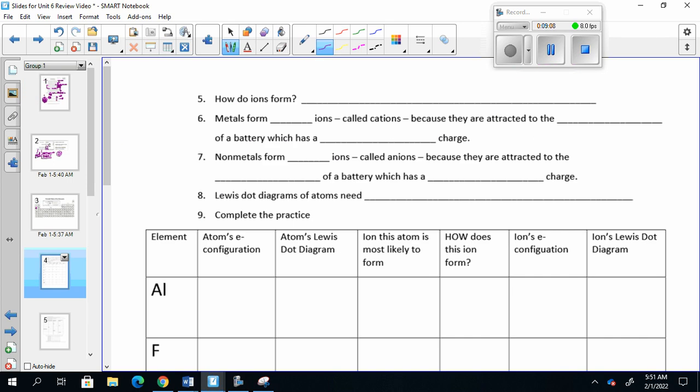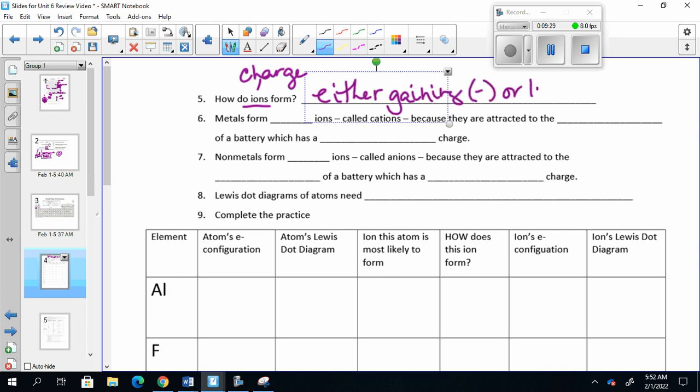All right, and now we're ready for this side. How do ions form? So an ion has a charge. It forms by either gaining or losing electrons.